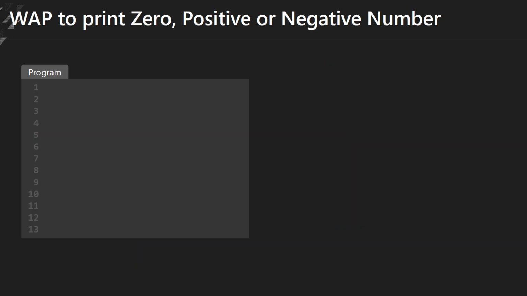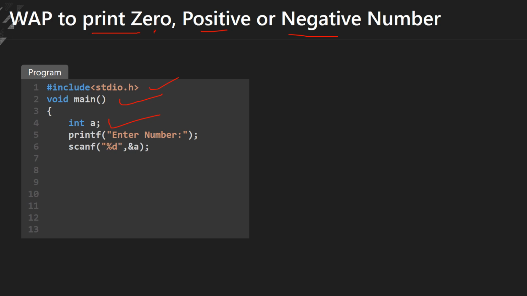Let's see one example of how to use the ladder kind of if else statement. I need to check whether the given number is 0, positive or negative. As usual, go with the preprocessor and void main, then read one number from the user, then check the condition.